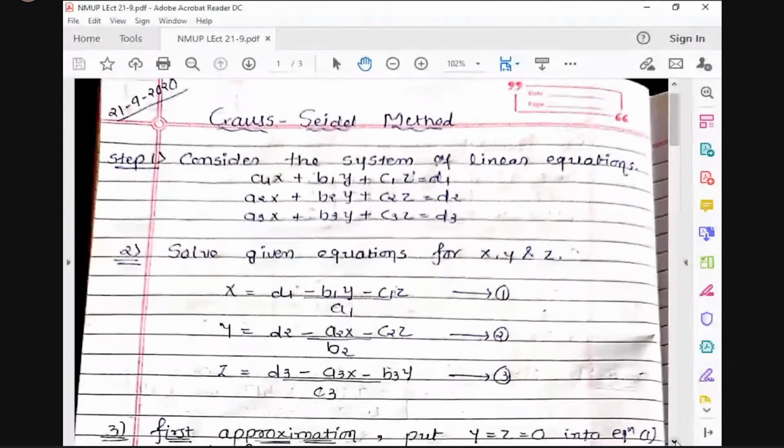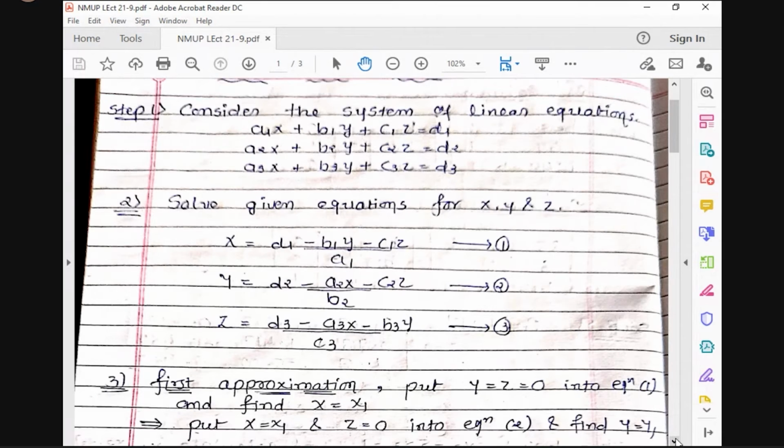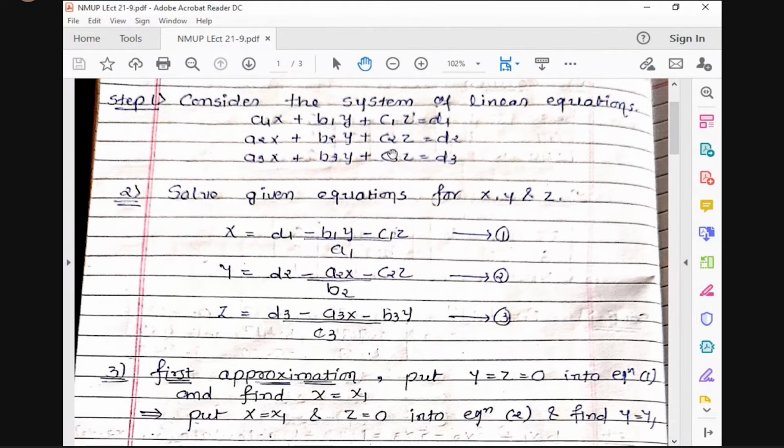First we'll start with the working rule of the Gauss-Seidel method. Same as the previous theories, a set of linear equations is given to you in this form, and we have to solve these equations for x, y, and z, which are the variables. How to do this?